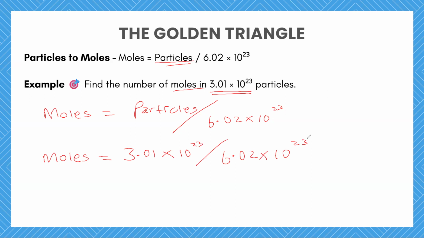3.01 times 10 raised to power of 23 divided by 6.02 times 10 raised to the power of 23.